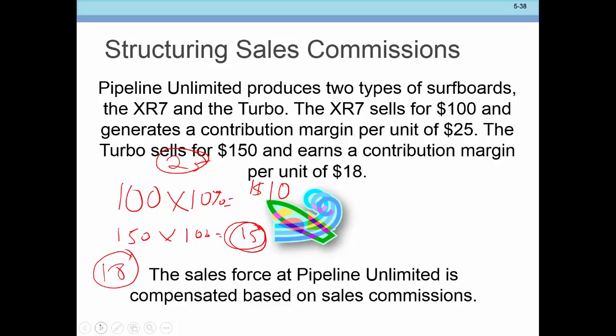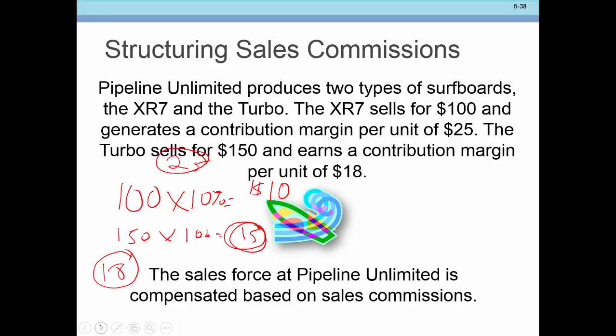Now, if you're the salesperson, you want to sell this one for 150, and I was just making up a 10% sales commission in this example. For every surfboard you sell here, you get $15 of commission. Here, for every surfboard you sell, you only get $10, right? Meanwhile, I would be getting a higher contribution towards the company if I sold the cheaper one, wouldn't I?